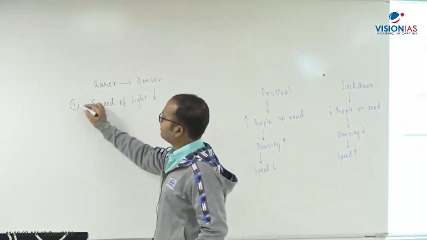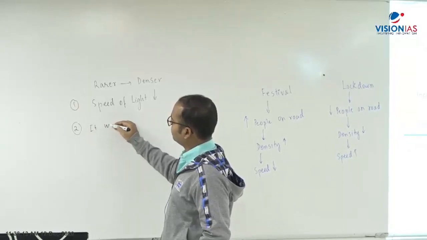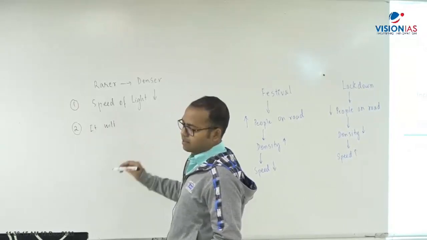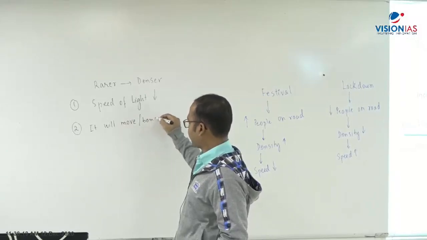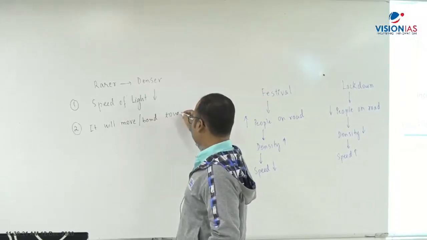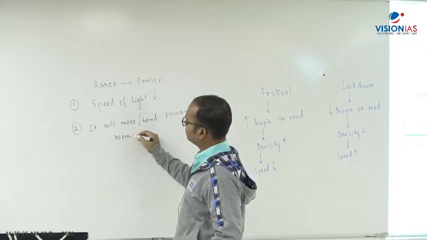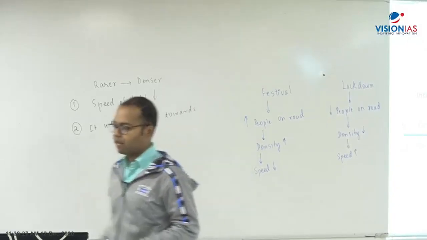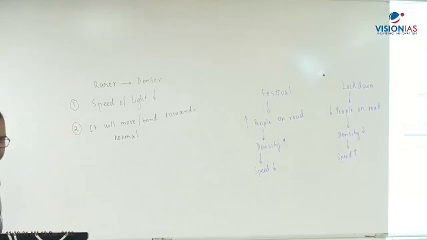This is the first observation. And second observation, it will bend towards the normal. Normal means the perpendicular line. I hope you are understanding this.